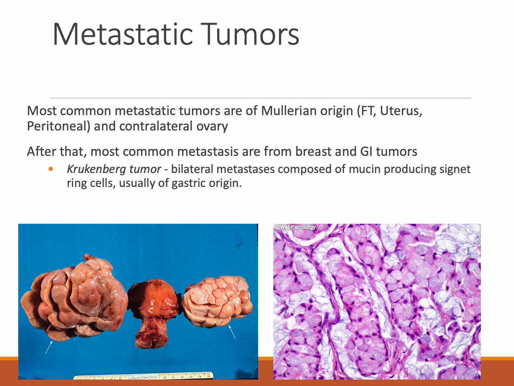And then finally, metastatic tumors. The most common ones we've seen over and over again are these Mullerian origin tumors: the uterus, the fallopian tube, part of the peritoneum, and even the contralateral ovary tend to be common sites for ovarian tumors to metastasize to. We talked about the controversy of how ovarian tumors might sometimes be fallopian tube primaries.